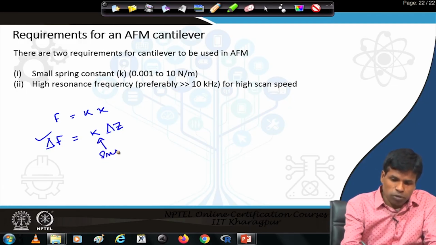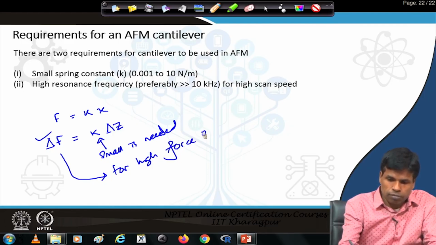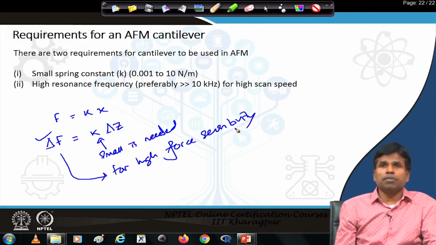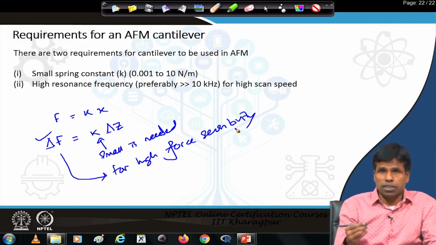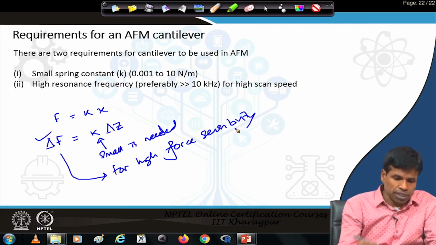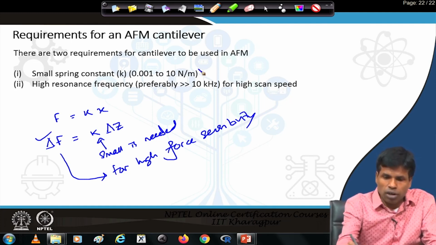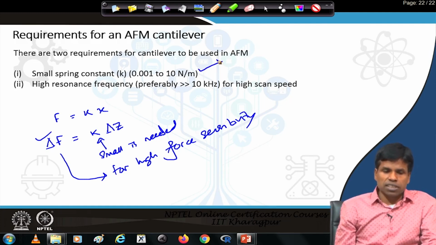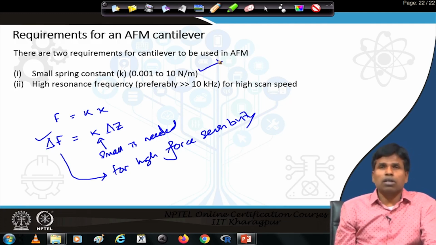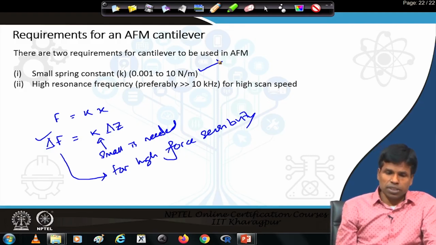We need a small k value for high force sensitivity. To measure small deflection with high sensitivity, we need a small k value. That is why a small spring constant is preferred in our atomic force microscope measurements.